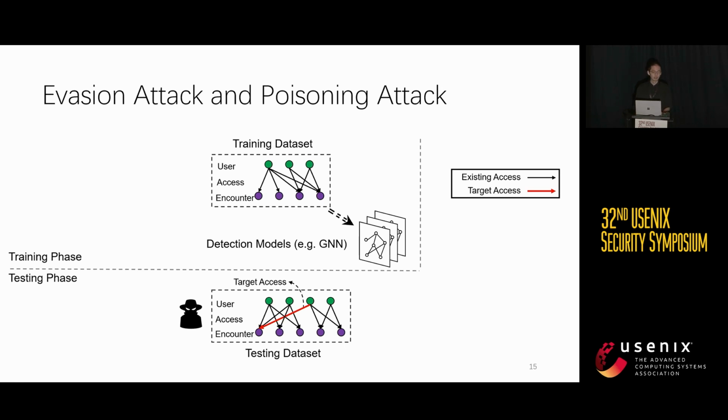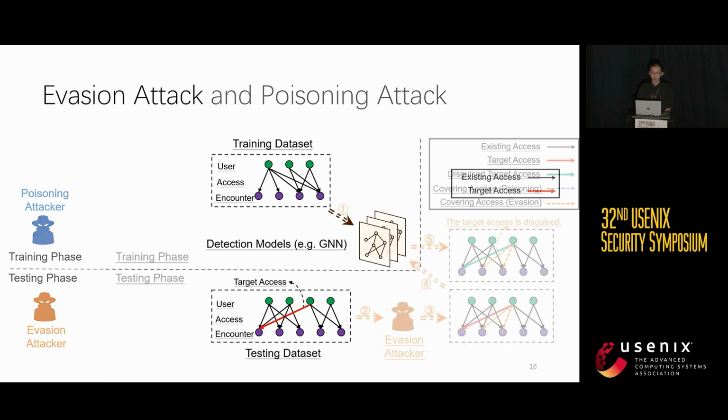After the model is trained, the goal of the attacker is to make some target access, which is here the red access in the testing phase in the box. The key here is when the attacker launches the attack. If the attacker launches the attack during the training phase, which is the blue attacker here, then it is a poisoning attack. Otherwise, if it is during the testing phase, then this is an evasion attack.